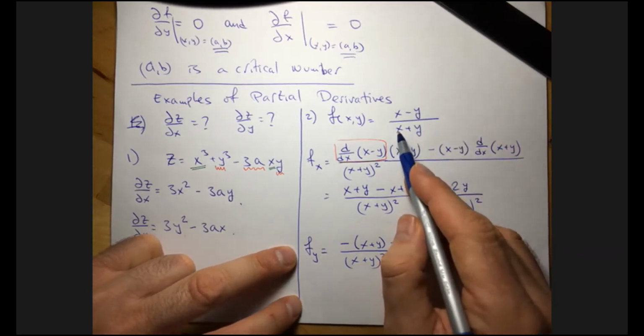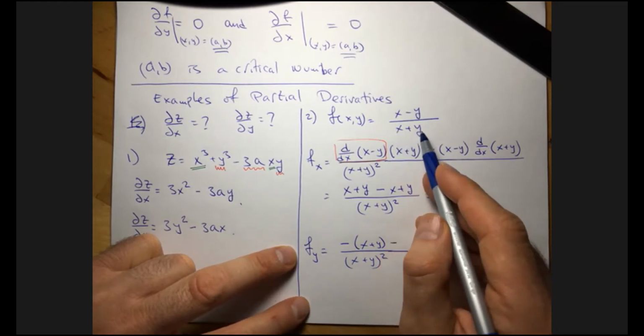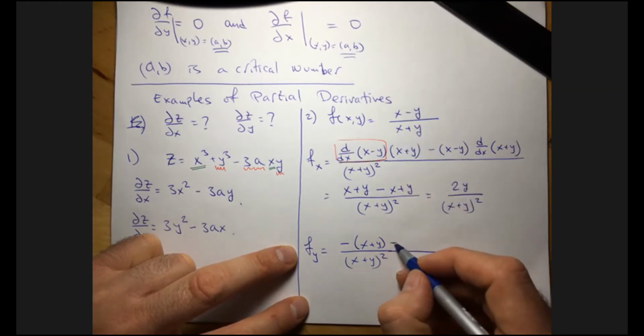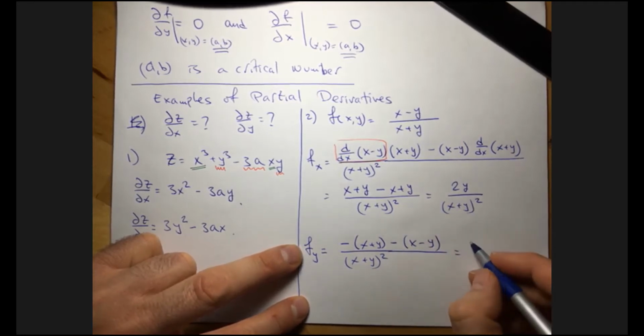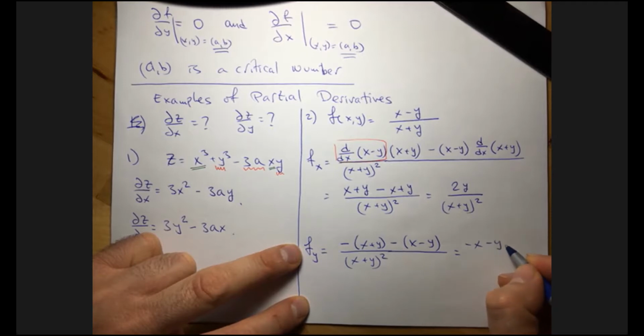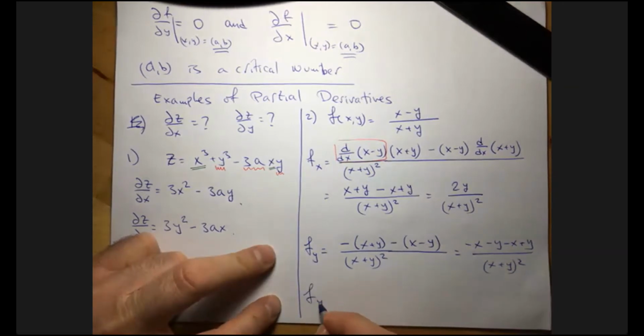With respect to y, derivative of x is 0. Derivative of y with respect to y is 1. So that means minus x minus y. And then drop the parentheses, negative x minus y minus x plus y over x plus y squared. Partial f partial y is negative 2x over x plus y squared.